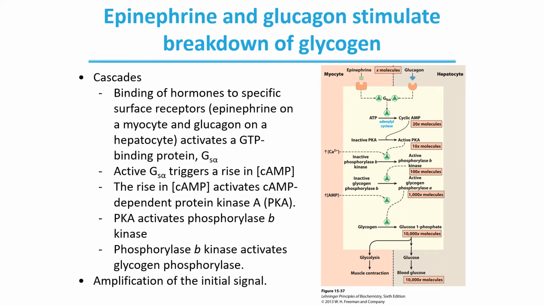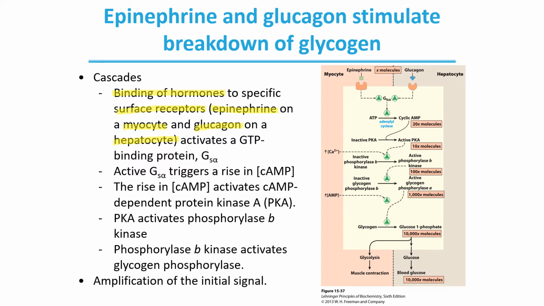First, the hormone binds to its specific receptors on the cell: epinephrine on the myocyte and glucagon on the hepatocyte. These are their primary organs of action. Epinephrine mainly works on the muscle cell and glucagon mainly works on the hepatocyte.